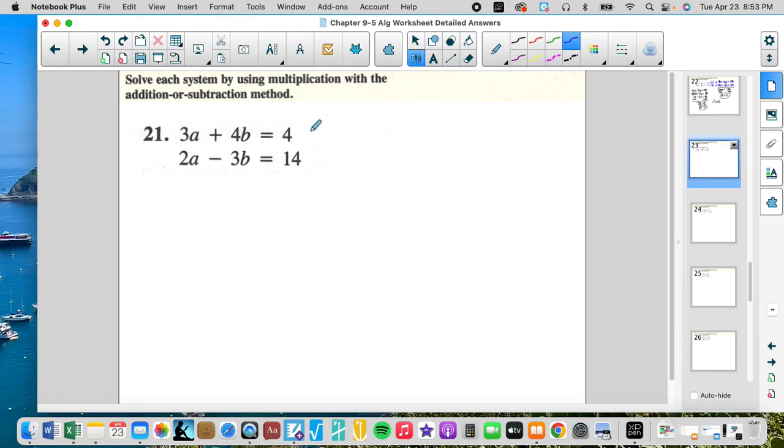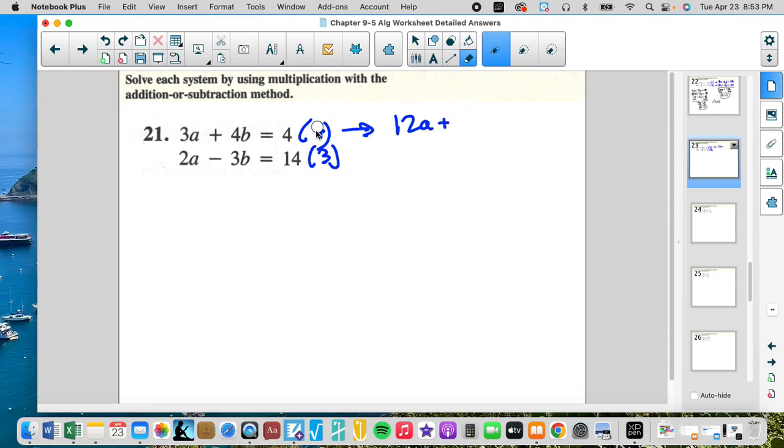I'm going to multiply this by 4, this by 3. That's 12a plus, nope. I'm going to multiply this, sorry, 3, 4. So that is actually 9a plus 12b equals 12.